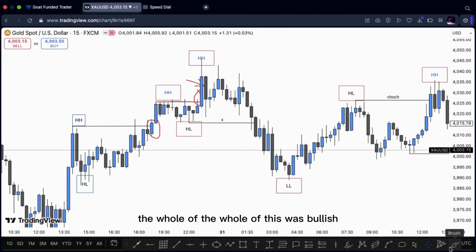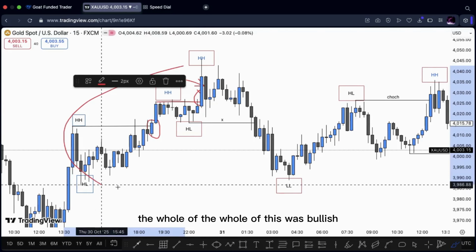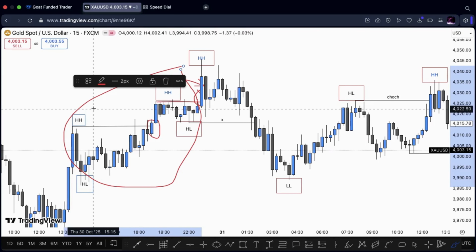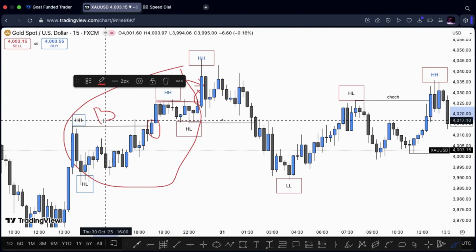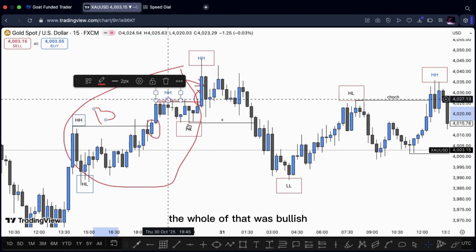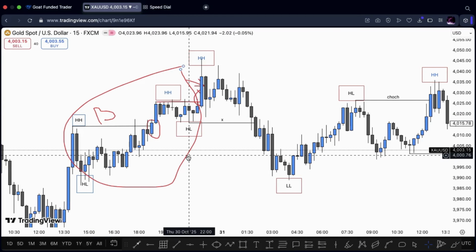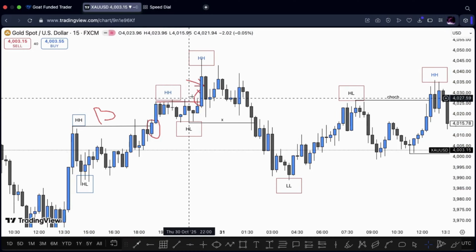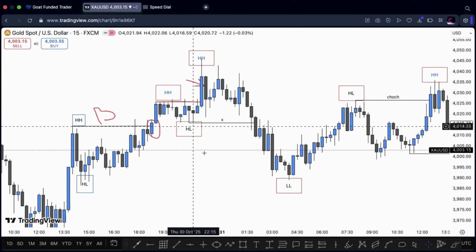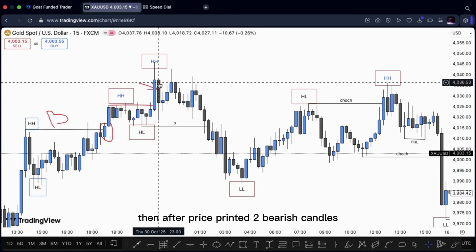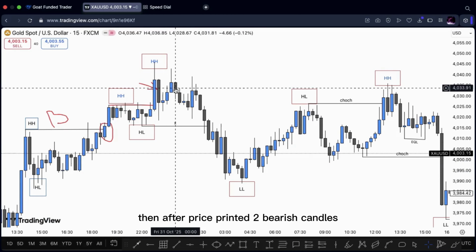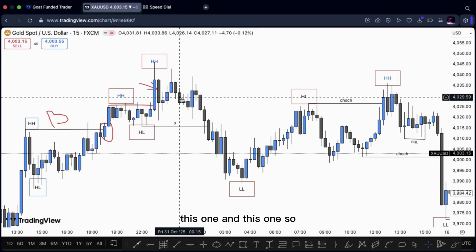The whole of this was bullish. The whole of that was bullish. Then after, price printed two bearish candles, this one and this one.